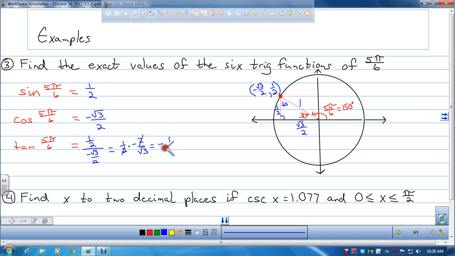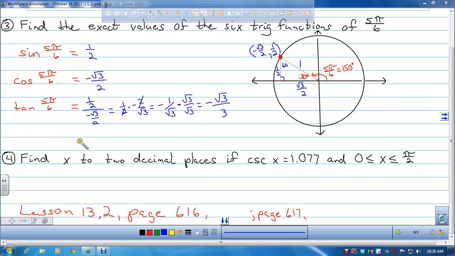So negative 1 over root 3. And I will rationalize the denominator by multiplying by root 3 over root 3. So I'll end up with negative root 3 over 3, right? Okay. Now I'm not going to finish this out with the other 3 trig functions, the reciprocals. It's my thinking that you should be comfortable at this point getting the reciprocals of these. Now, for the reciprocal of cosine and reciprocal of tangent, obviously, you're going to have to rationalize the denominator again. Okay?